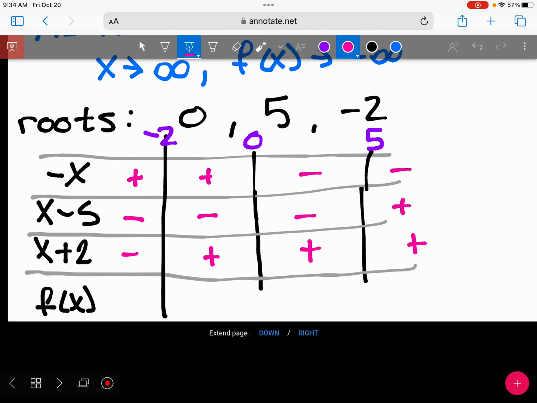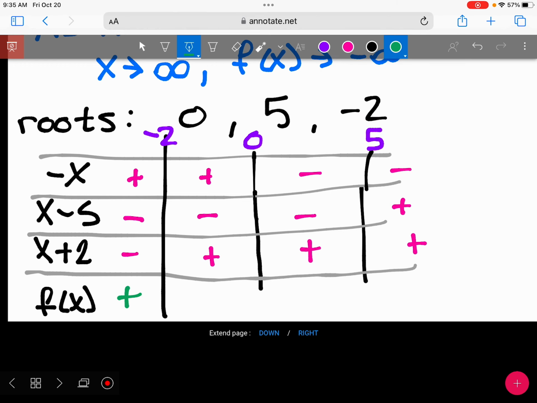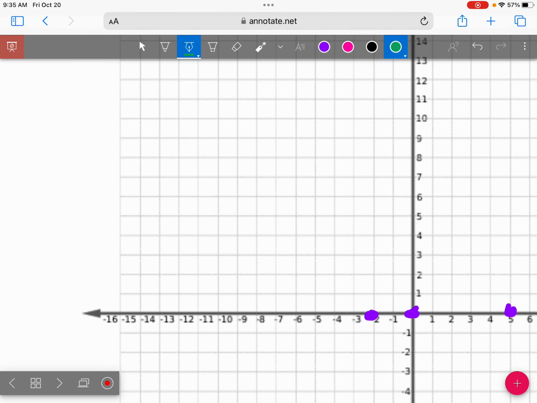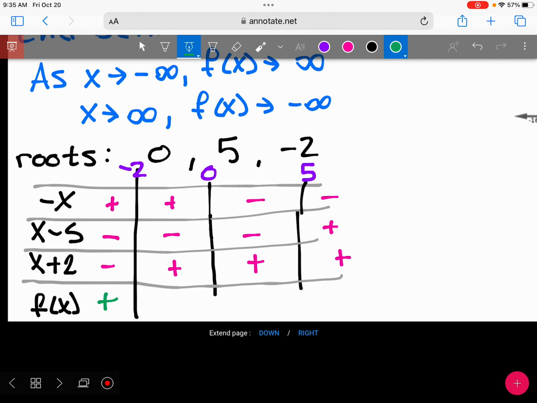So then what we're going to do is look at when we multiply all these together, is our function positive or negative? So if our x's are less than negative 2, is our function positive or negative? Positive. What that means is that left of our point, our function is above the x-axis. Between negative 2 and 0, is our function positive or negative? Negative.